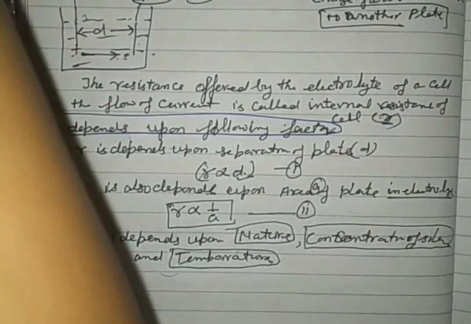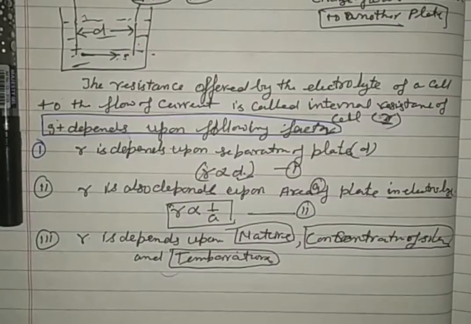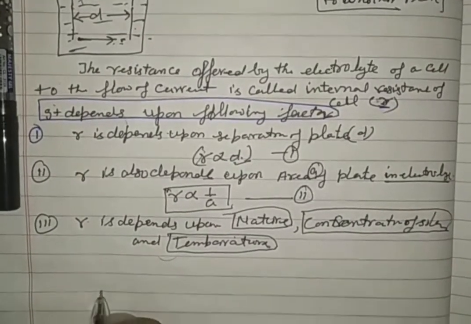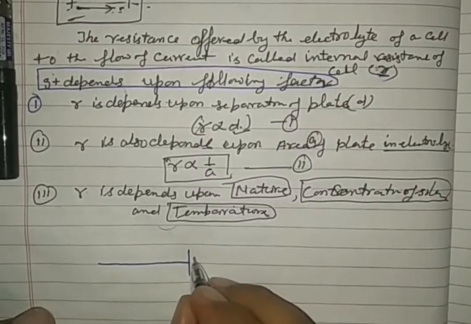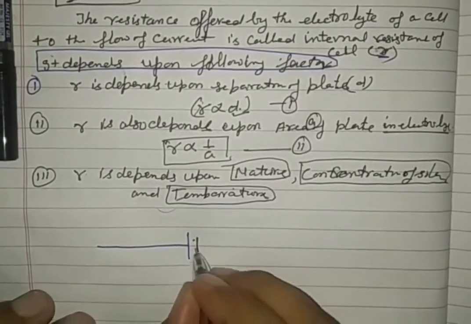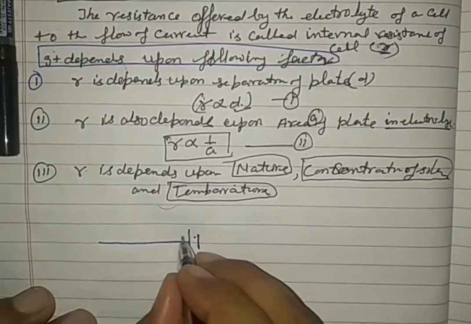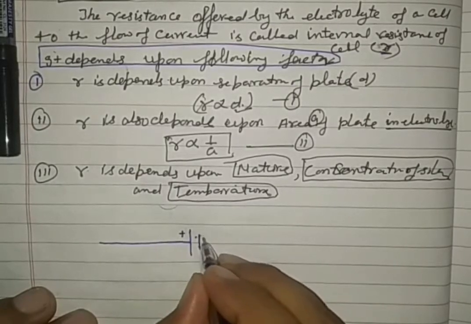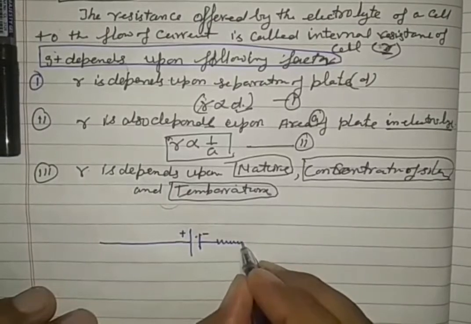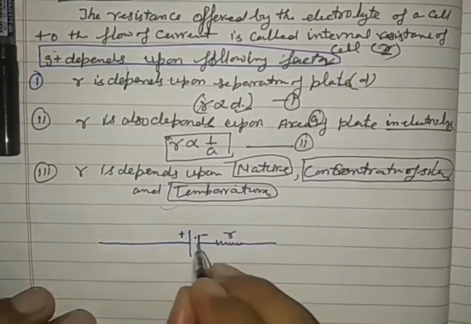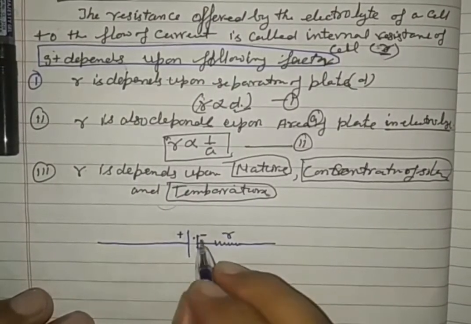Now see in this diagram very carefully. This is a symbol for a cell. The larger line represents positive and the smaller line negative. This is a symbol of resistance, denoting the internal resistance of this cell.